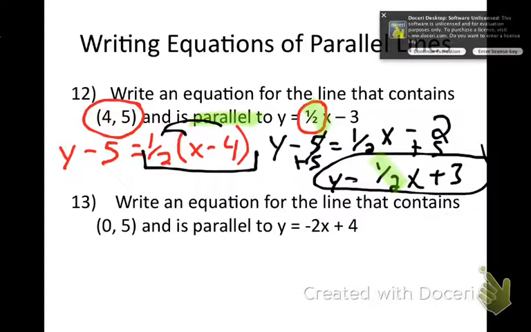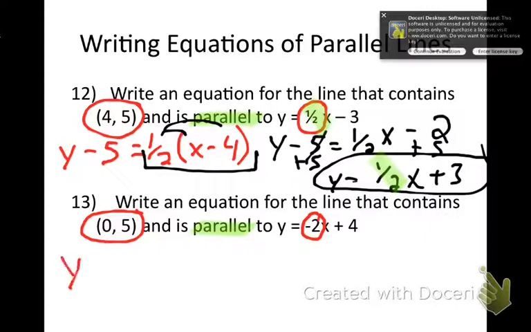So let's check number 13 here. Same idea. I want to write an equation for the line that contains (0, 5) and is parallel to y equals negative 2x plus 4. So I'm going to take this point. Parallel lines have what type of slopes, Bailey? The same. The same slopes.